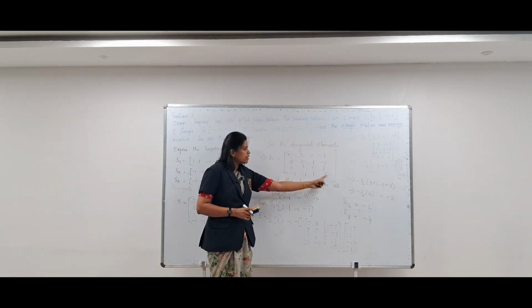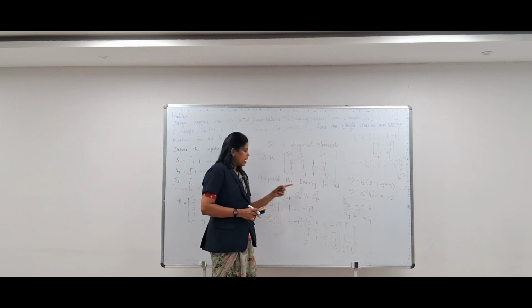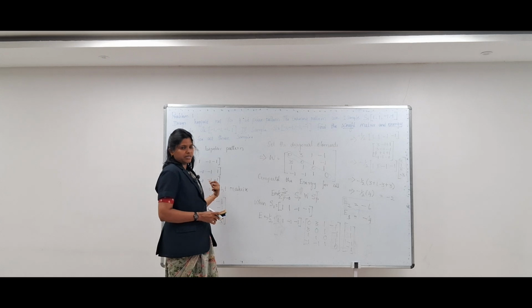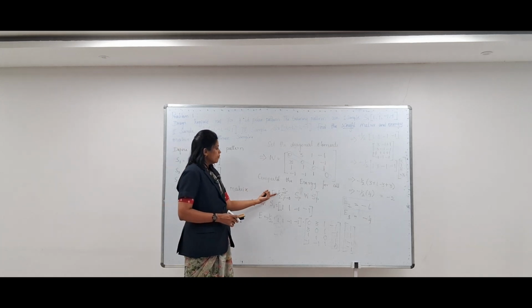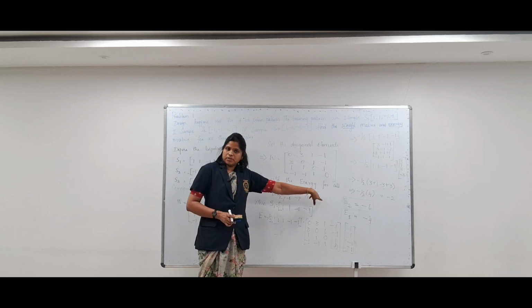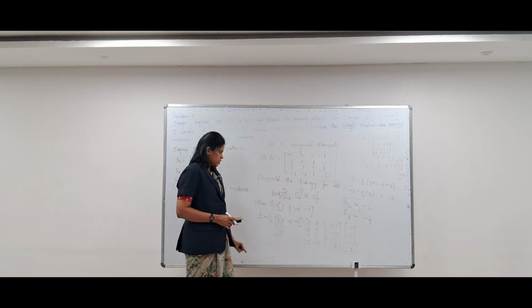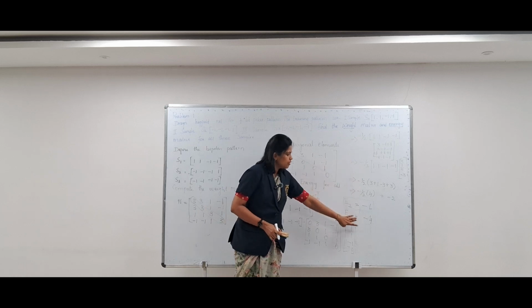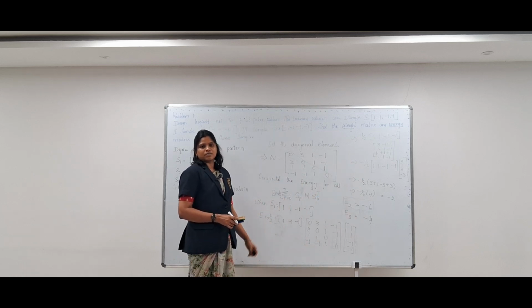After setting the diagonal elements to 0, we have found the energy for all these 3 input samples, and this is the formula: minus half into S into W, the weight, into S transpose. So we have found 3 energies for all the 3 samples. Hope you understood this problem.